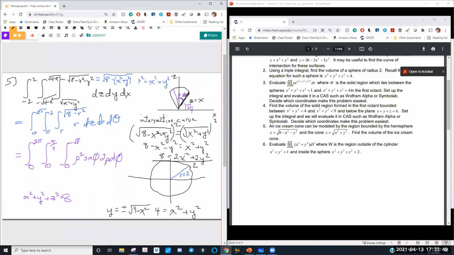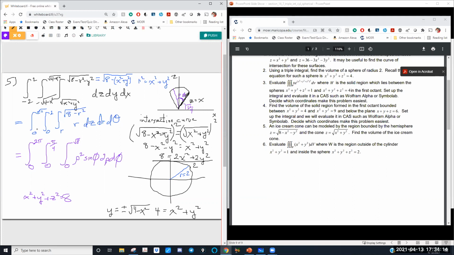Guys, all three of these will give us the same volume of this ice cream cone. And I think you can kind of see they get a little bit easier as we move from rectangular to cylindrical to spherical. And again, it's all because of our fundamental surfaces.